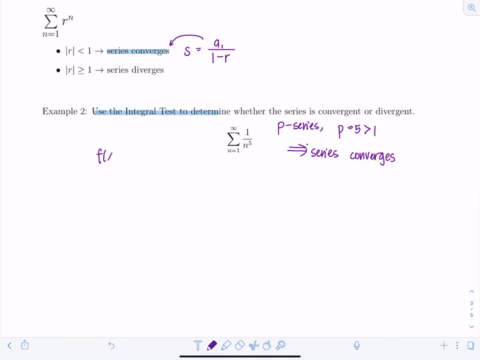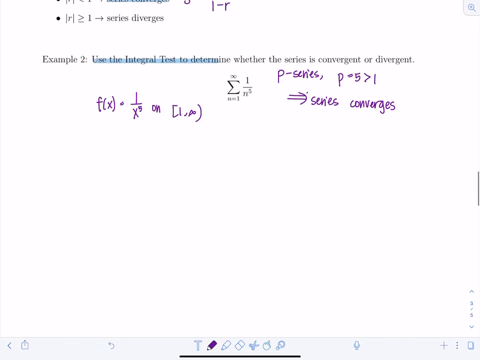So we're going to let f of x equal 1 over x to the 5th on the interval from 1 to infinity. And let's check our 3 conditions. First, is it continuous on 1 to infinity? Well, yes, the domain is all real values of x such that x doesn't equal 0, so we're good on the interval from 1 to infinity. Is it positive on the interval from 1 to infinity?